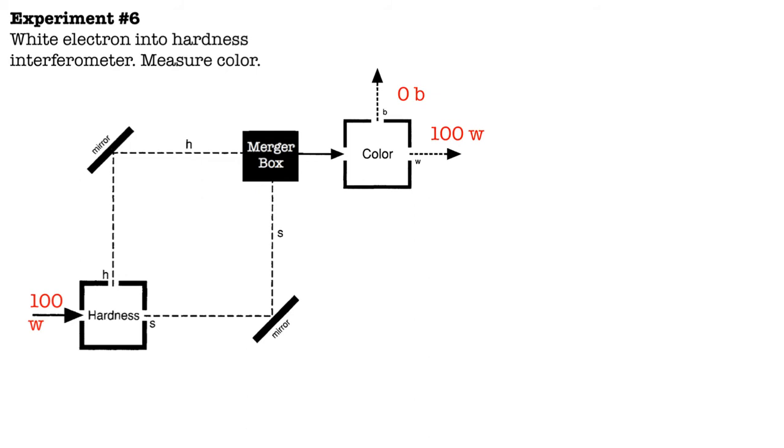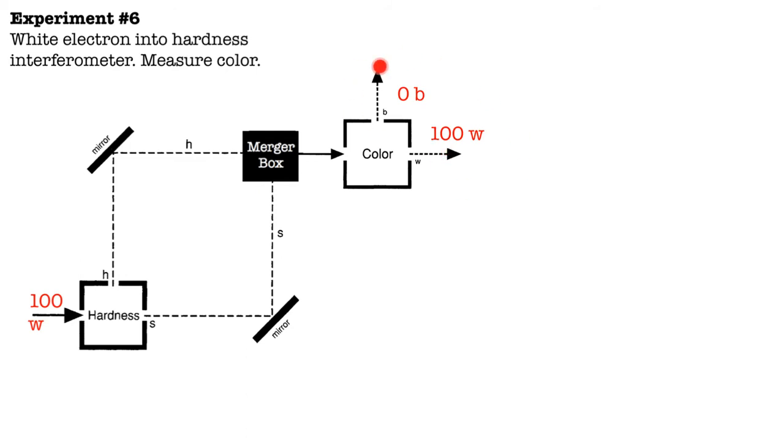Okay. Here we send 100 white electrons into the hardness interferometer. Okay. And we measure color at the output. And quite to everybody's surprise, instead of having 50-50 at the output, we have 0 blue and 100 white. Okay. So why is that bizarre?